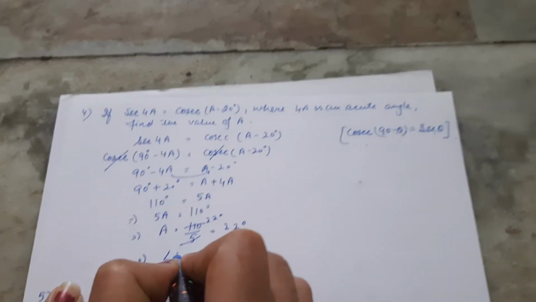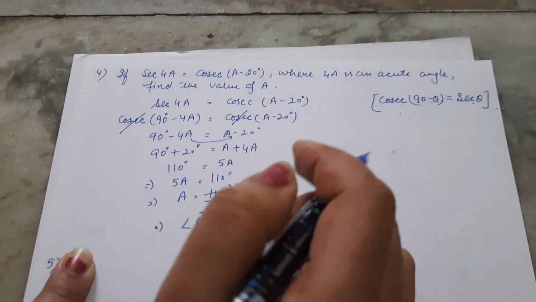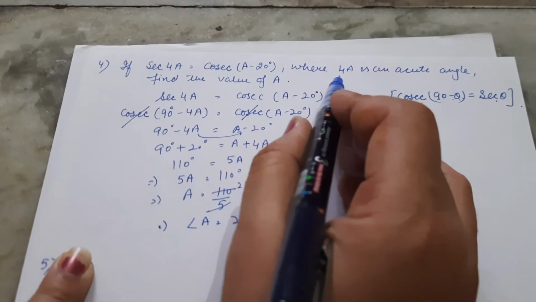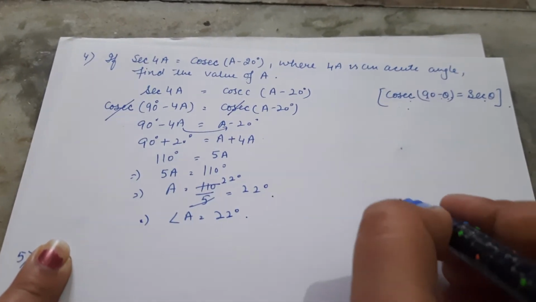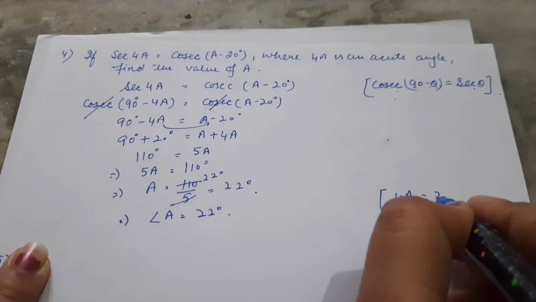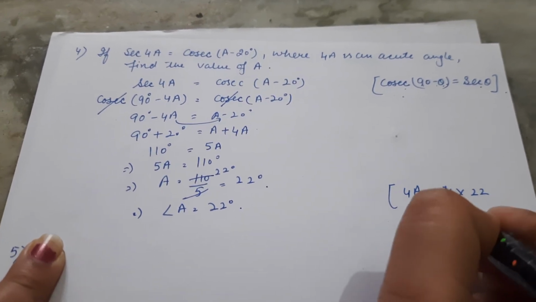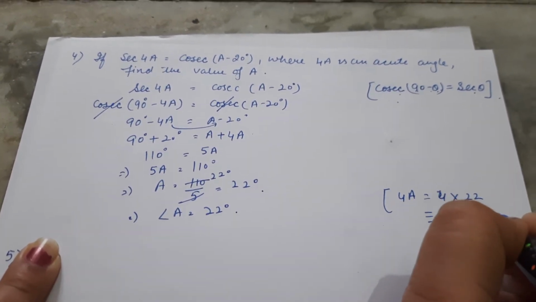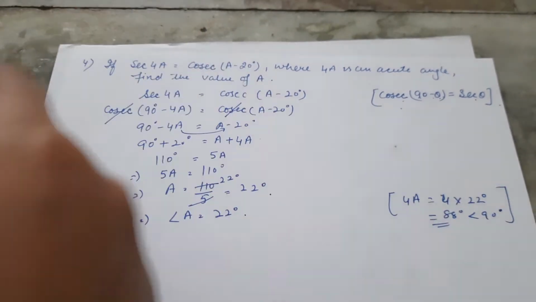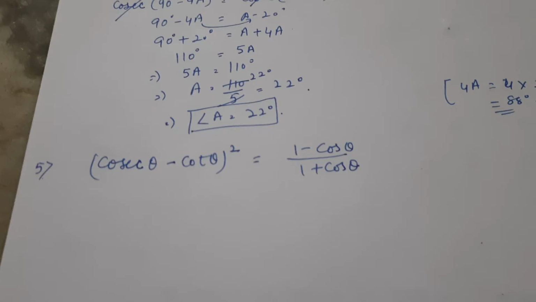So angle a is equal to 22. This is an acute angle. You can also verify: 4a is equal to 4 into 22, so 88, which is less than 90 degrees.